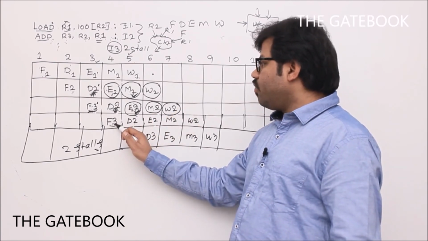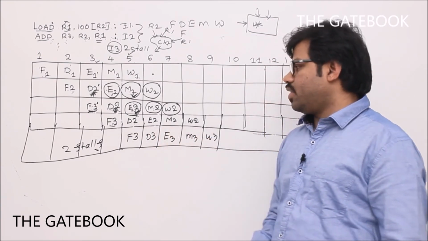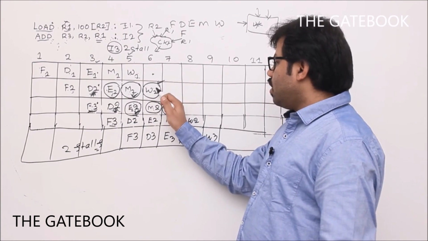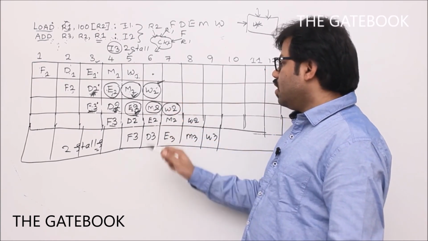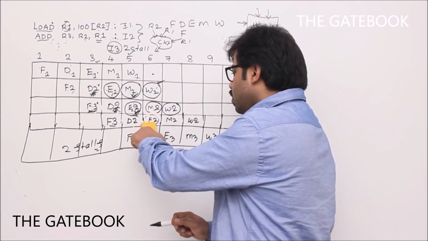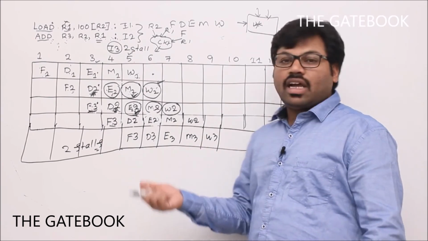Now here again F3 will be fetched, but D2 will be decoded, and this time it is seriously executed, right? At the 6th clock cycle, this is dummy execution, here dummy memory, but here is serious execution of E2, right? Serious decoding of D3. Understand? So this is the way stall cycles are introduced.